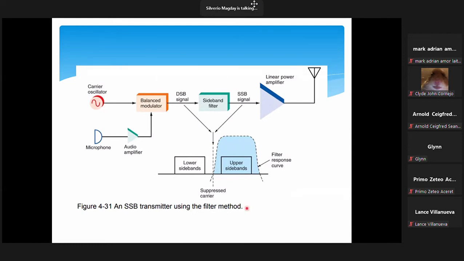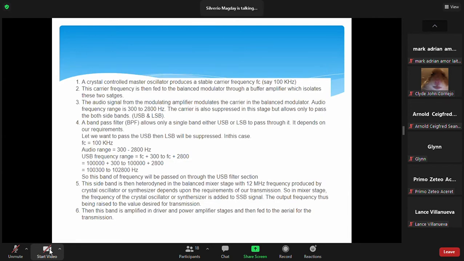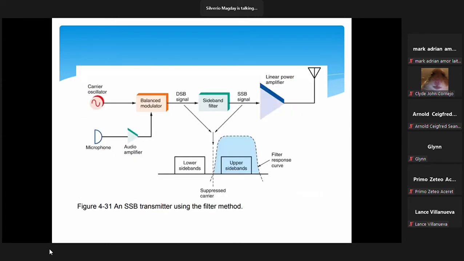Another illustration, so dito sa banda dito, nagkakaroon na siya ng selection, it's either the lower sideband or the upper sideband yung output, or will be demodulated. Ito more on the yung ginagawa sa system, more explanation lang kung paano, since may mga values.